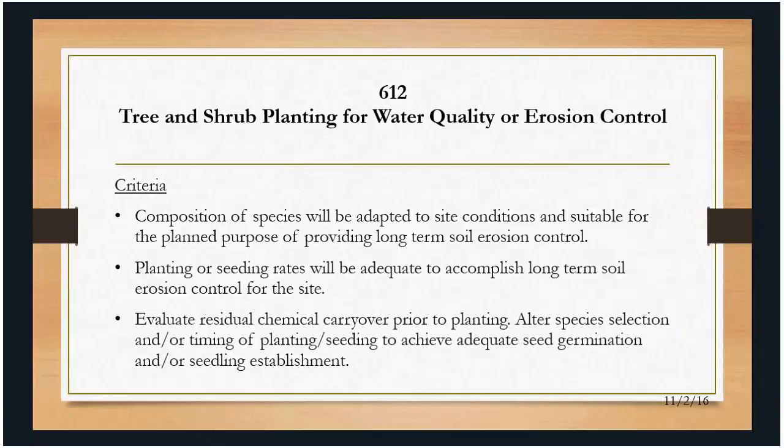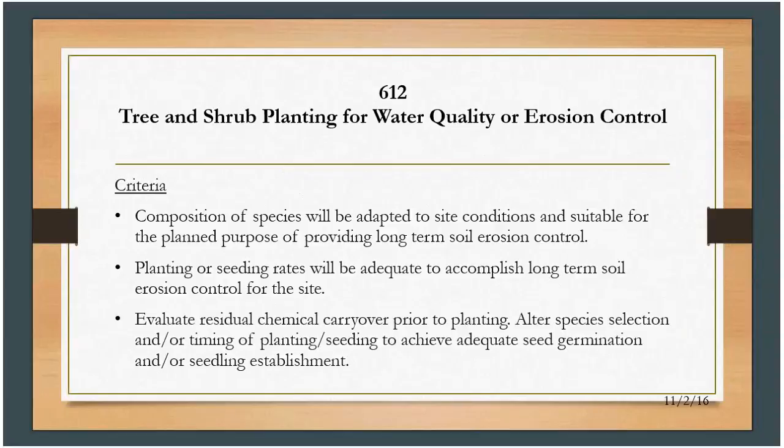The criteria of these enhancements is that the composition of species will be adapted to site conditions and suitable for the planned purpose of providing long-term soil erosion control. Planting rates will be adequate for the soil erosion control. You need to evaluate residual chemical carryover prior to planting and alter the species selection and/or timing of planting and seeding to achieve adequate seed germination or seedling establishment.